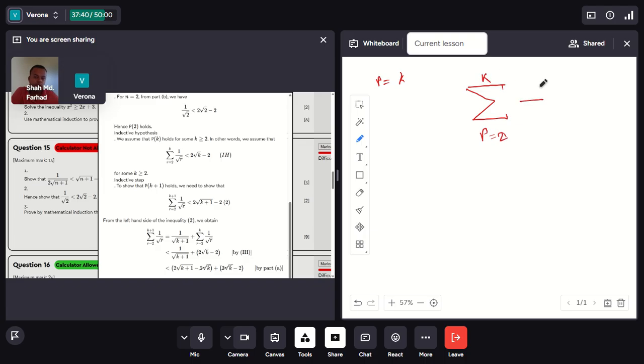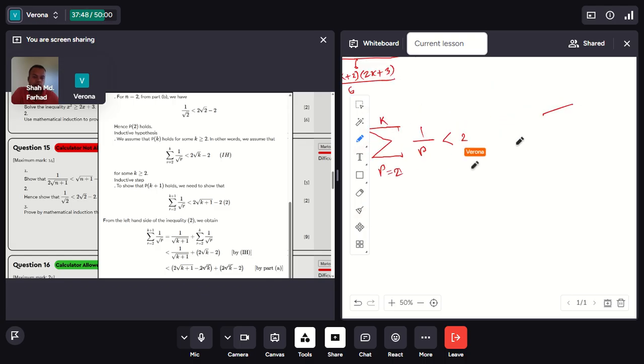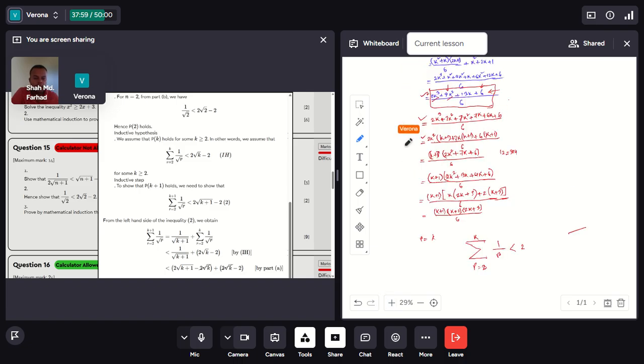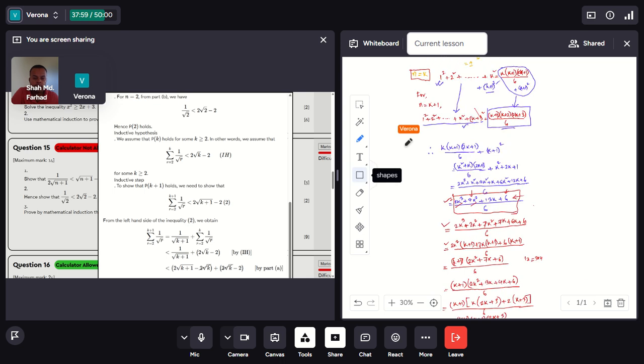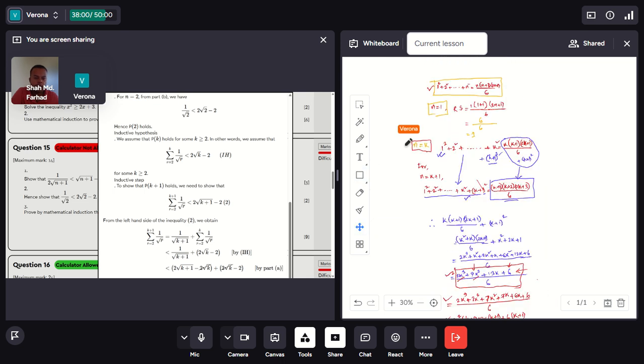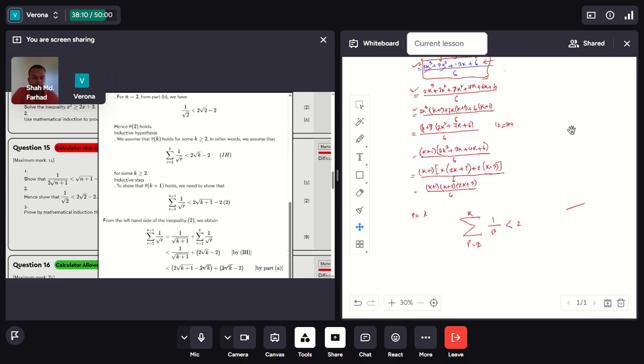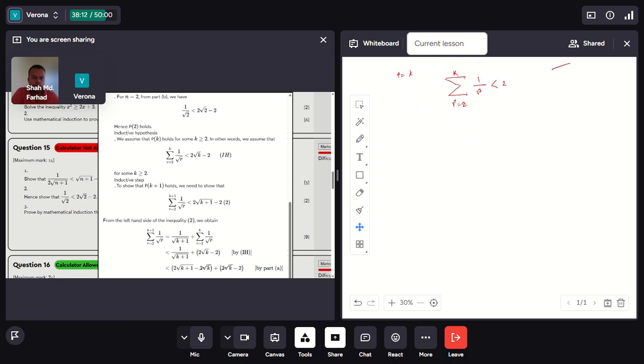So we are getting here 1 over root r, and that is less than 2. Okay. Can you see it now?